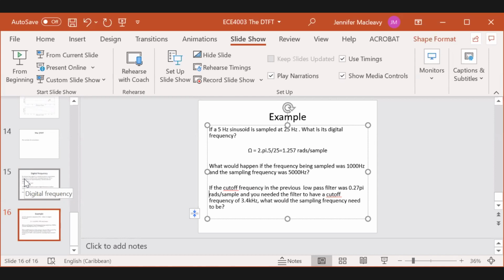Could you repeat the name of the author of the book that you spoke about first? The first one is Orphanides, O-R-F-A-N-I-D-I-S. Just type it in.